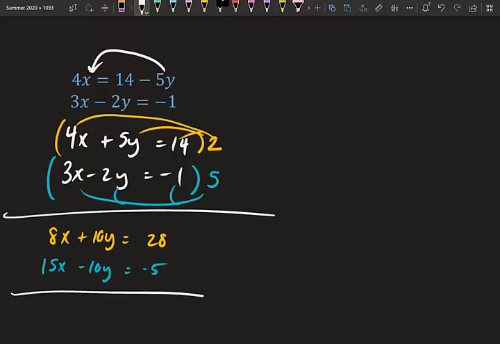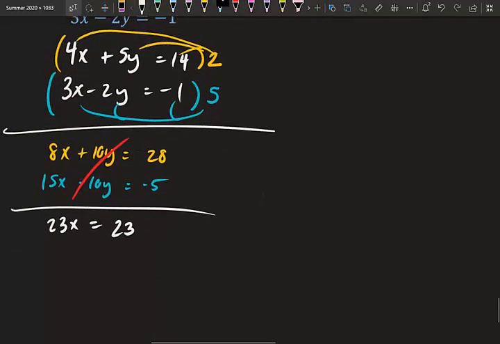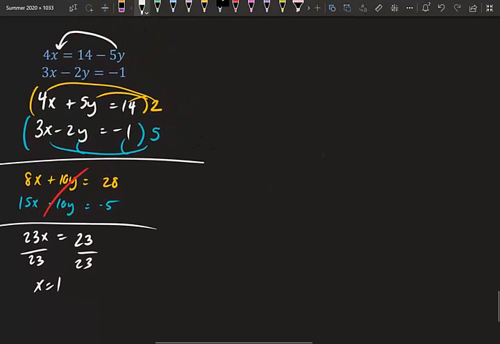Let's add our columns. 8x and 15x is 23x. 10y minus 10y is nothing. And that equals 23. So we divide by 23 and get x is 1. Now we have to plug that back in to solve for y. You can plug it into any of them. I'm going to plug it into 4x equals 14 minus 5y.